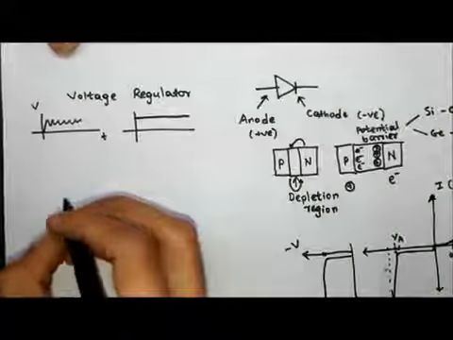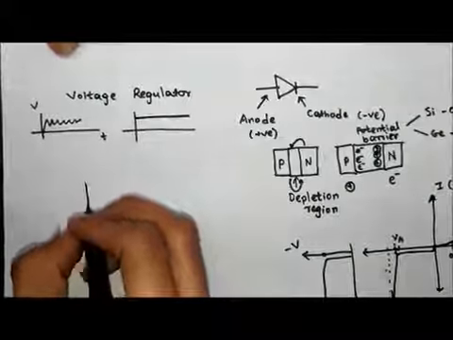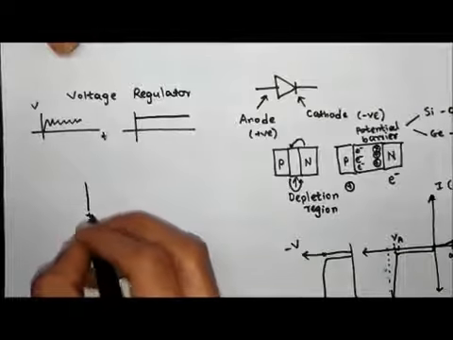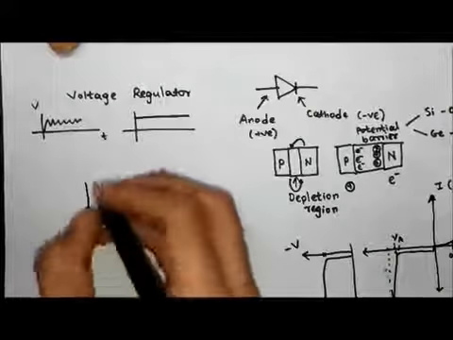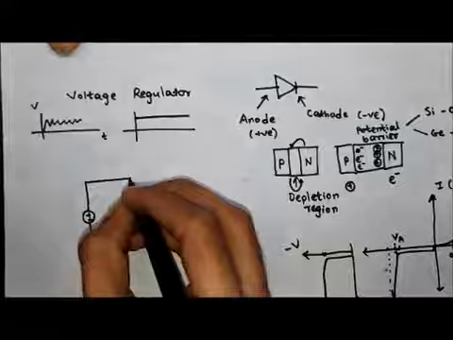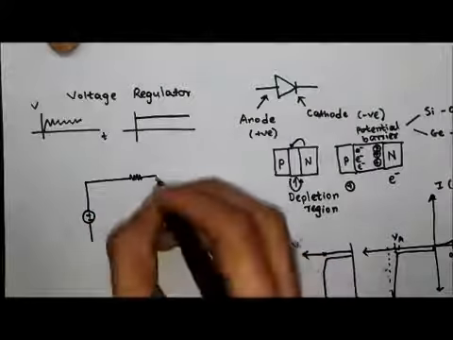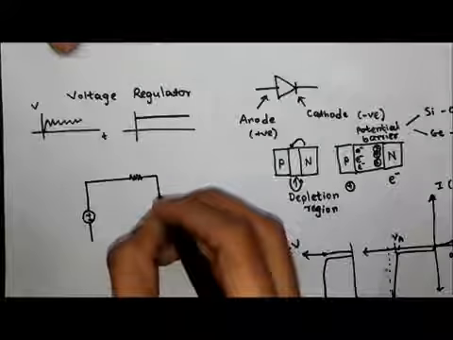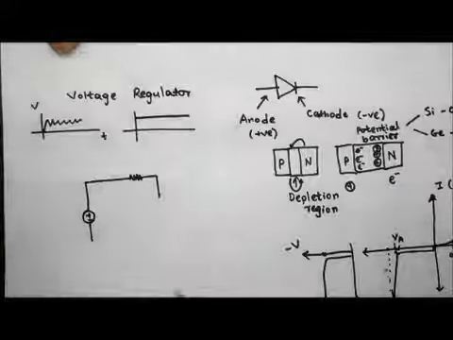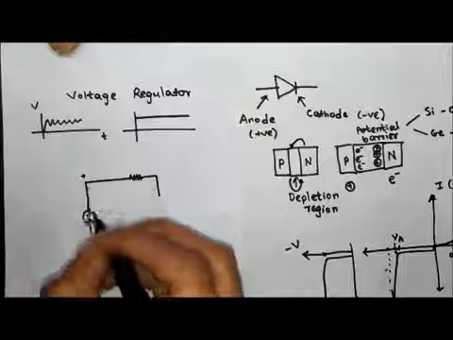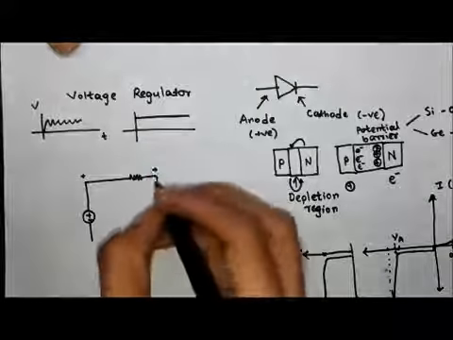So this is how the voltage regulator circuit is. So I have a power supply here, then I have a resistor, then I connect a Zener diode, of course in reverse bias. So this is the positive side.